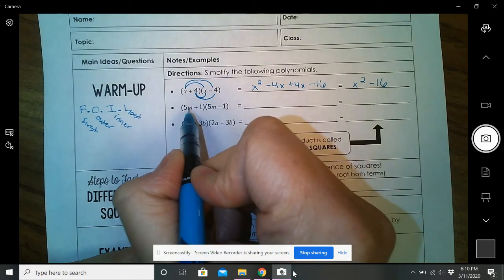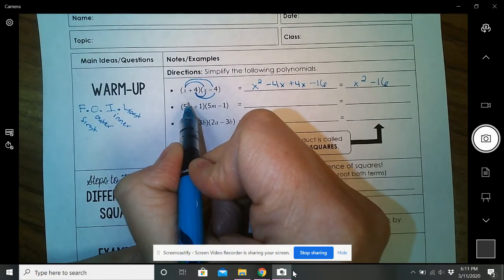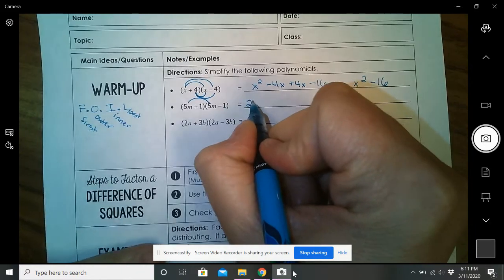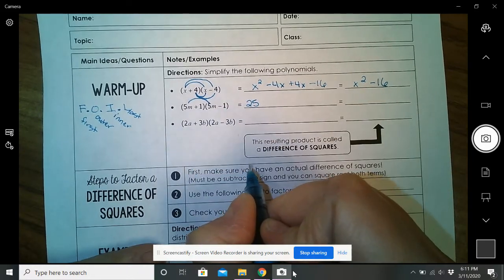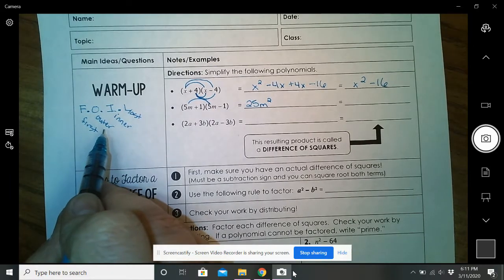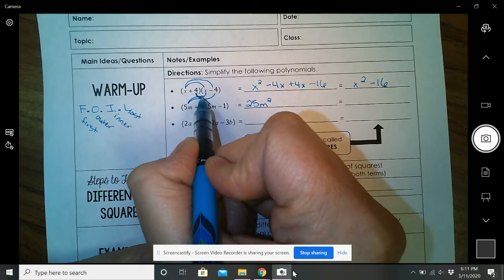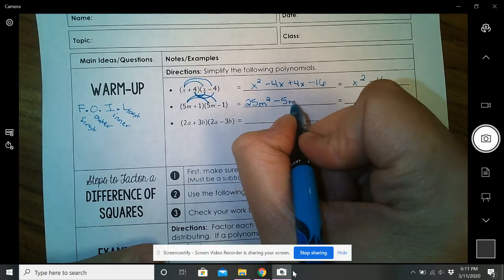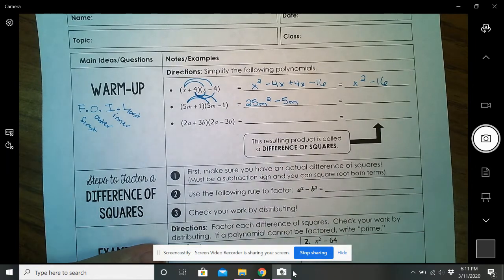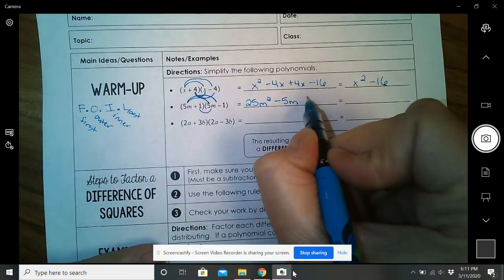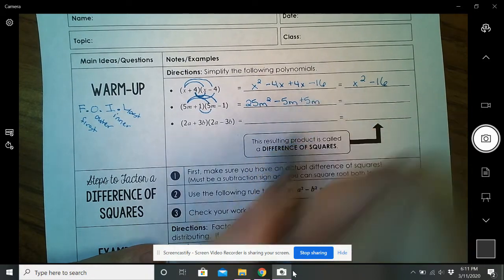The first two terms on my second example, 5m times 5m. 5 times 5 is 25. M times m is m squared. Now for the outer two terms, 5m times negative 1 is negative 5m. Now for the inner two terms, positive 1 times 5m is positive 5m.